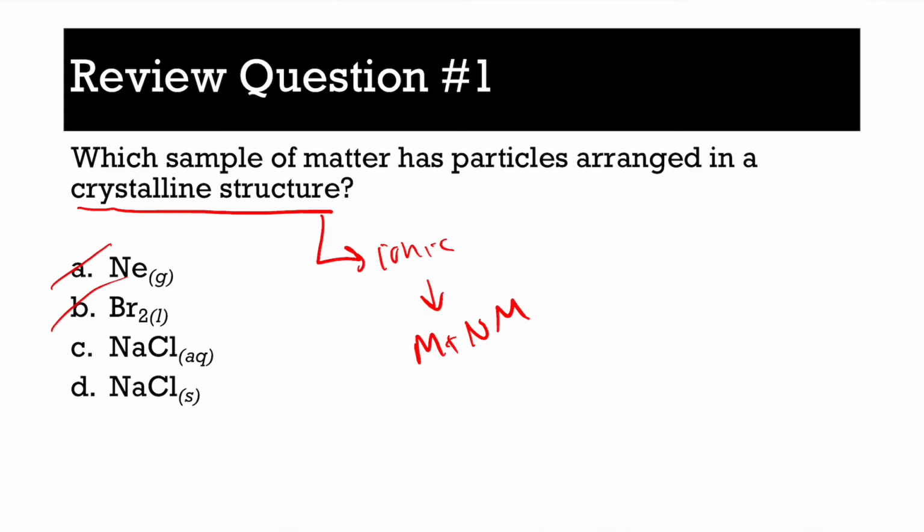And that gives you a C and D. But then for a crystalline structure, the other part is, well, it has to be an ionic solid. Remember, if it's a liquid, the ions are flowing freely, they can do whatever they want. So the crystalline structure is talking about solids. So that's why it is a D.